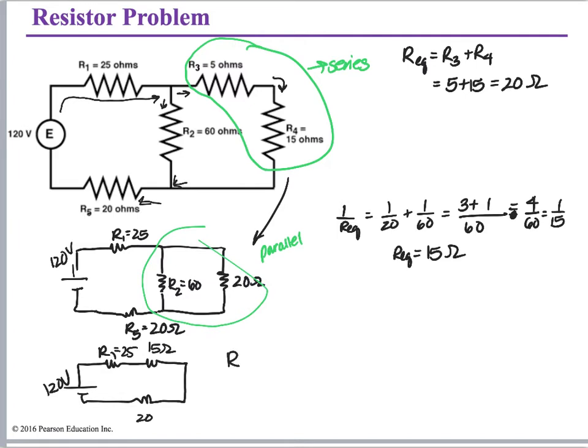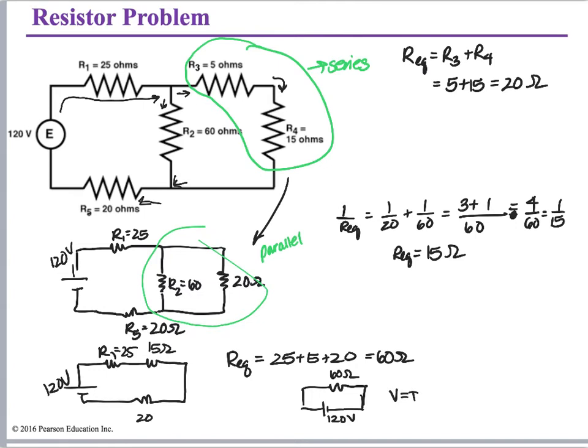And so the total equivalent that we get here, these are all in series, at 25 plus 15 plus 20. So it's 45 and 15, that's 60 ohms. So basically what we've said is this entire circuit can be replaced by a circuit of 60 ohms.